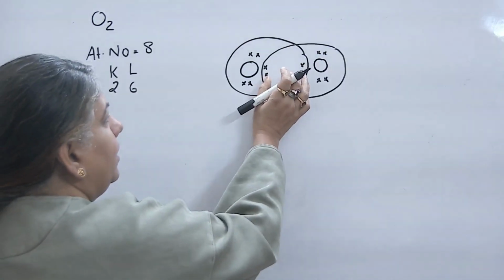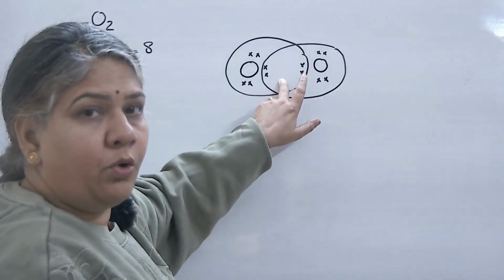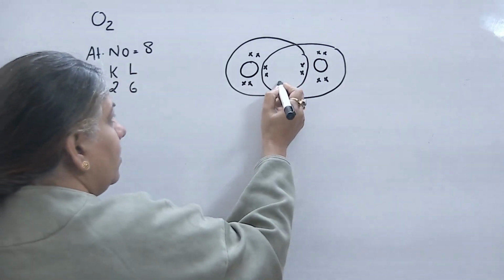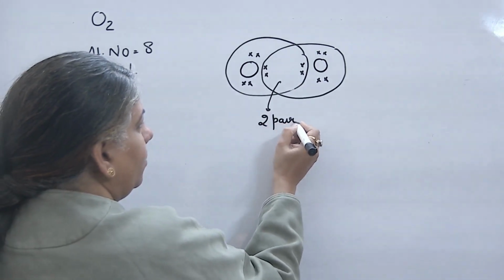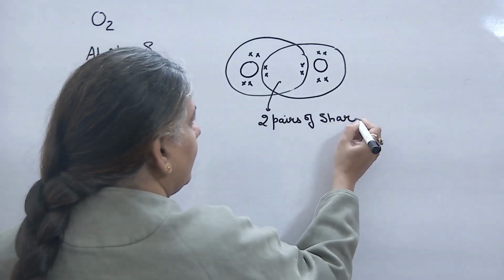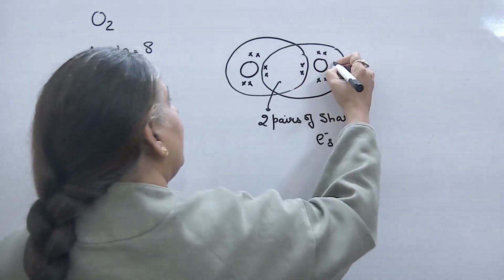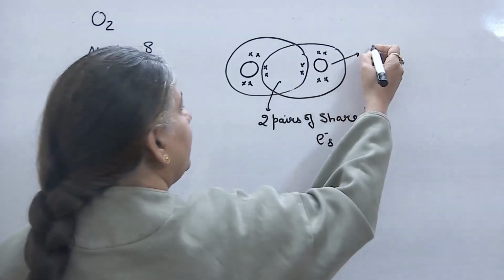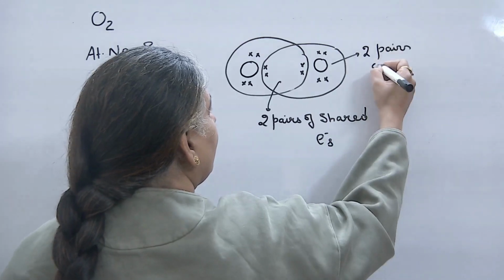So in the shared region, we get a total of 2 pairs of electrons. So there are 2 pairs of shared electrons and 2 pairs of lone electrons.